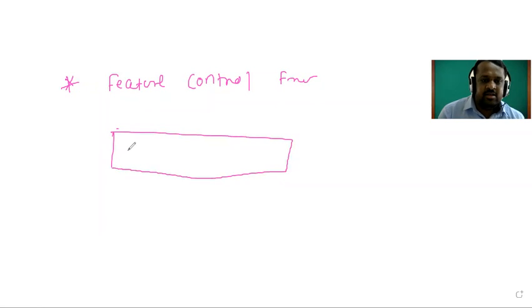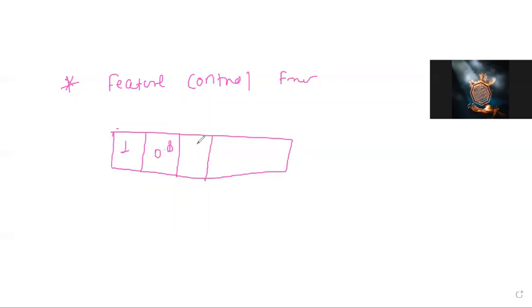In the first box there will be the tolerance symbols, like perpendicularity, parallelism. In the second box they give the tolerance, and in the third they give datum A, B, C.